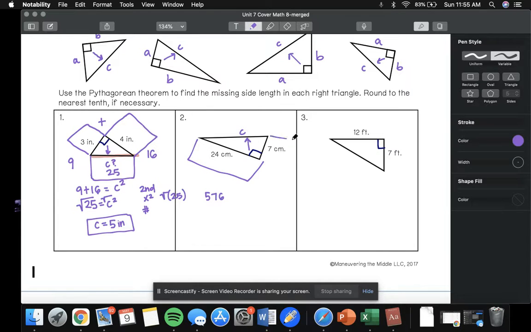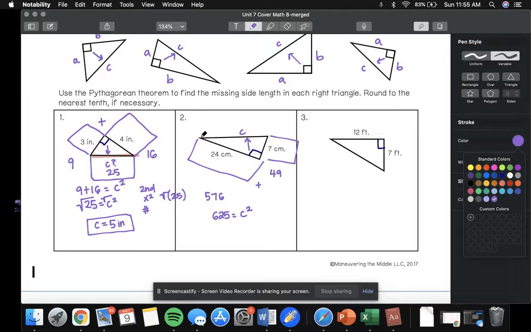I have another leg, that's 7 times 7, which would be an area of 49. And again, if I'm trying to find the hypotenuse, I can just add those together. So I have 576 plus 49, and that equals 625. And that is my hypotenuse squared.